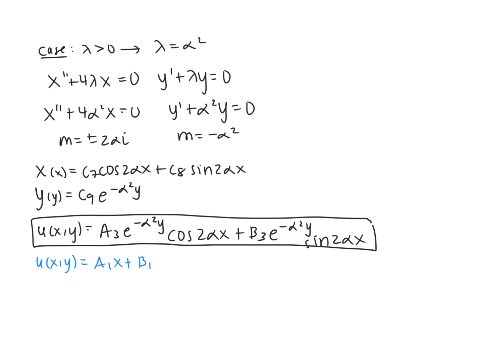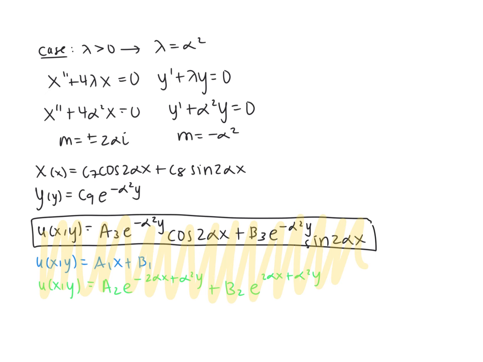And then the second solution that we found, u of xy, we found to be a2e to the negative 2 alpha x add alpha squared y plus b2e to the 2 alpha x add alpha squared y. So what I'm saying is these are all solutions. They're all solutions based on the value of alpha and lambda.